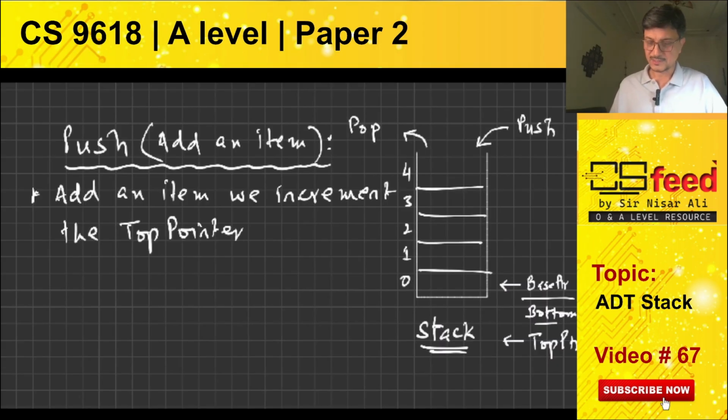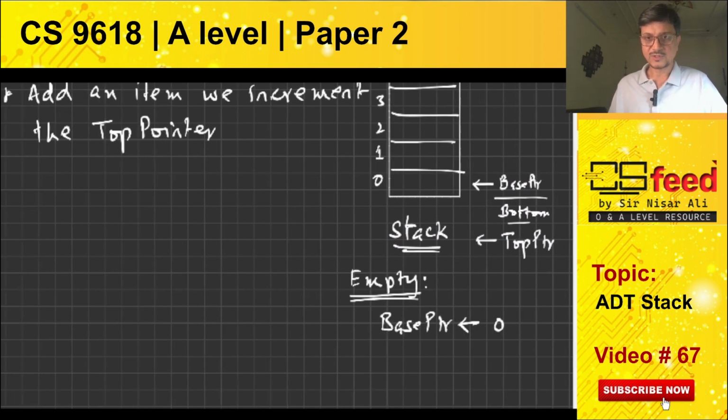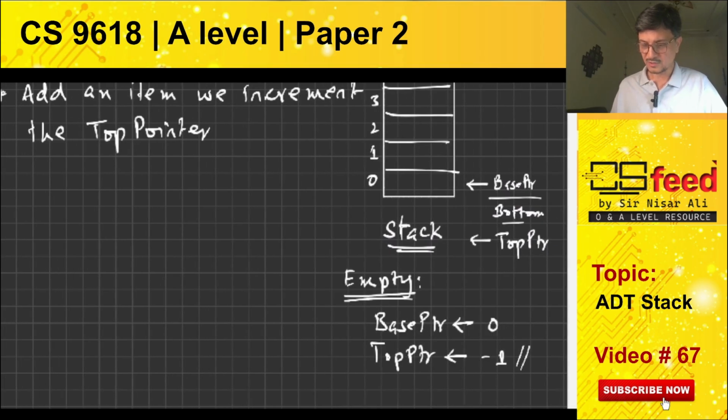So we can say that when the stack is empty, technically the base pointer is pointing to the lower bound and the top pointer is pointing to -1, or it is pointing to null.